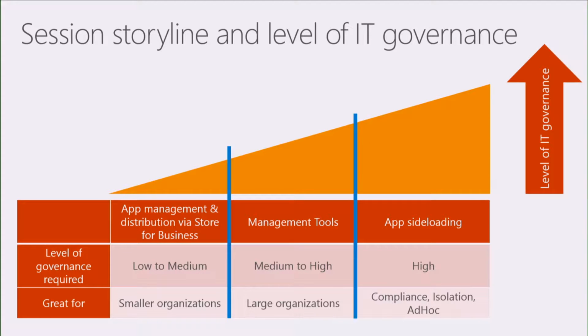And the first step here, in terms of the amount of governance, and certainly something that works really well for smaller organizations, is to simply take advantage of the enormous infrastructure that we've built as part of the Windows Store. We built this infrastructure so that we can serve a lot of apps to hundreds of millions of devices. That is the Windows Store. And we are making part of that infrastructure available to you as IT professionals or as enterprises as part of your Windows product.